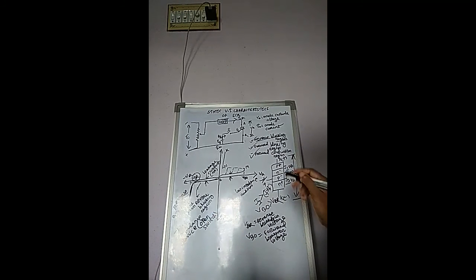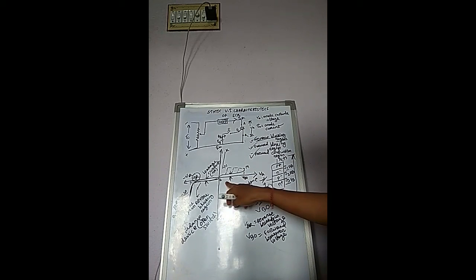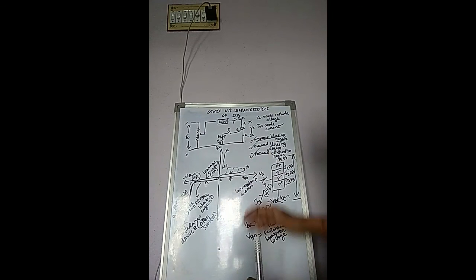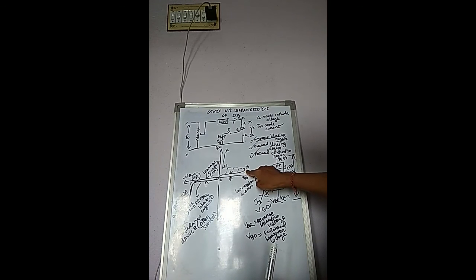The forward breakover voltage corresponds to this point M, where the device latches onto the conducting state. Here the forward breakover voltage is this point. After this point M, the device latches on to the conducting state, so the device shifts to the on state.